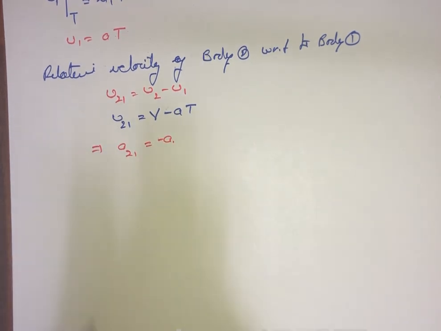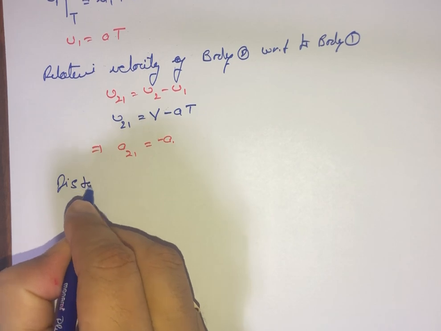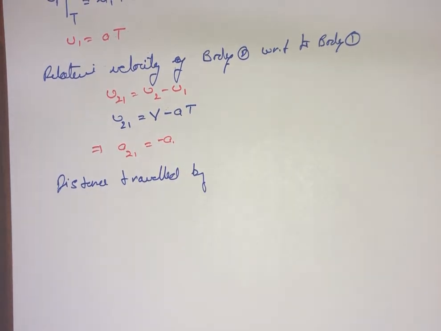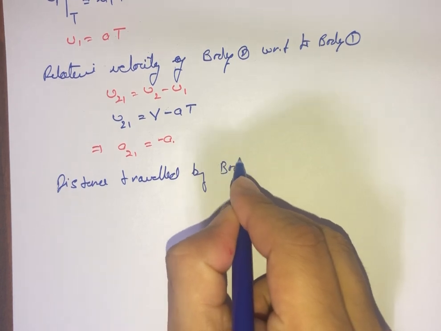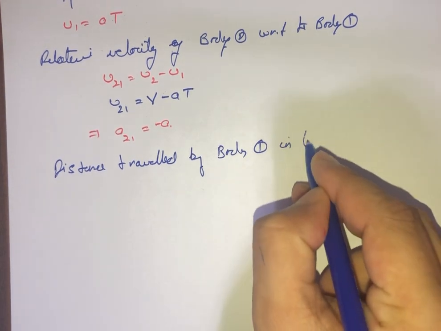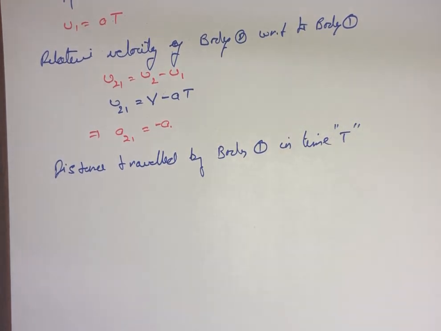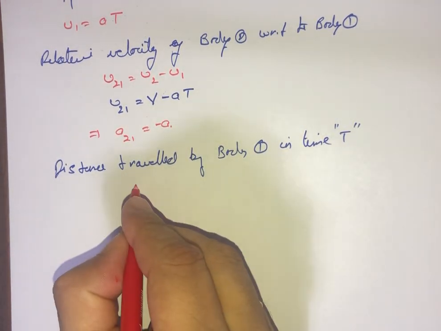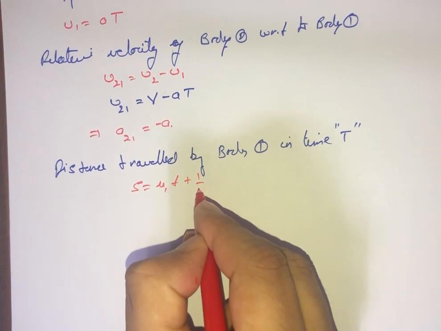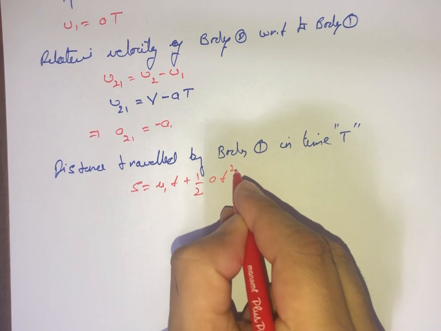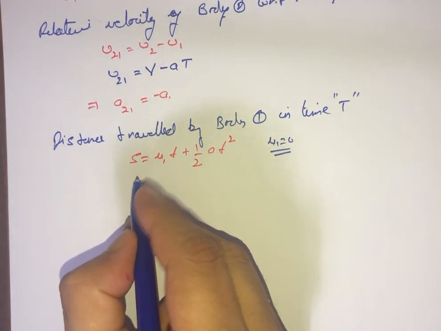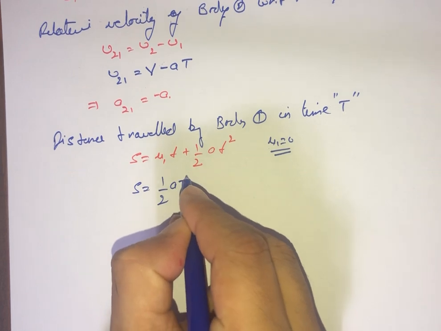Next we find out the distance traveled by body 1 in time capital T. So S will be equal to u1 t plus half a t square, and u1 is 0, so S will be equal to half a t square.